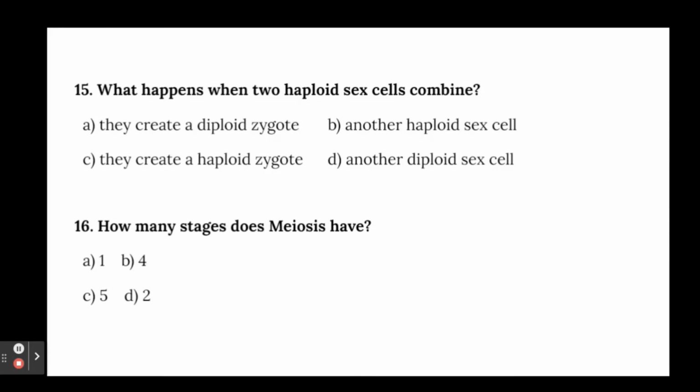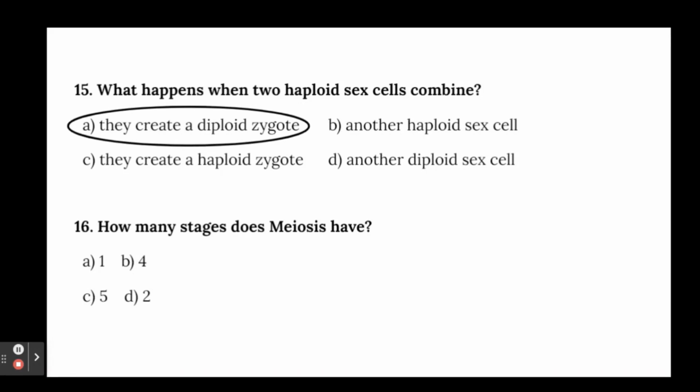All right, and two more. 15. What happens when two haploid sex cells combine? So your two parents each give 50% of your DNA. It creates you, so it creates a diploid zygote, which then makes haploid sex cells for your generations and so forth.